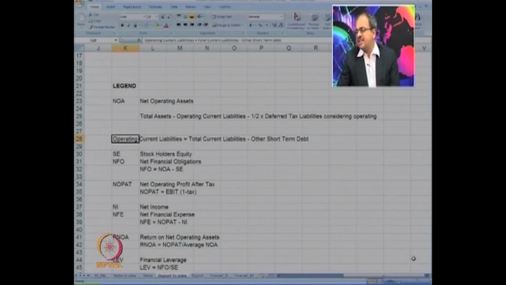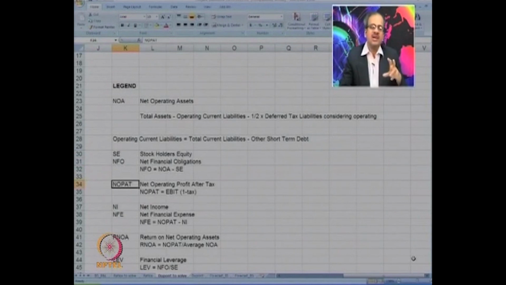Operating current liabilities are total current liabilities minus other short term liabilities. Then we need to find shareholders equity, which we are already aware of. Then we will also find net financial obligations, which is NOA minus SE. So out of the net operating assets, whatever is financed by shareholders equity will be reduced. What remains is a net financial obligation, that is the money the company has to pay to outsiders.